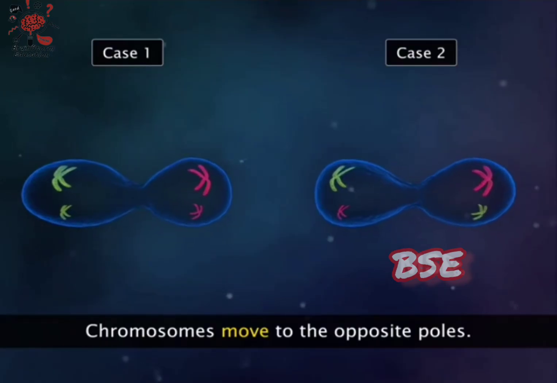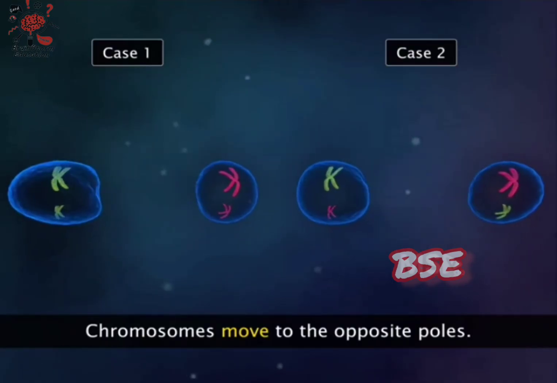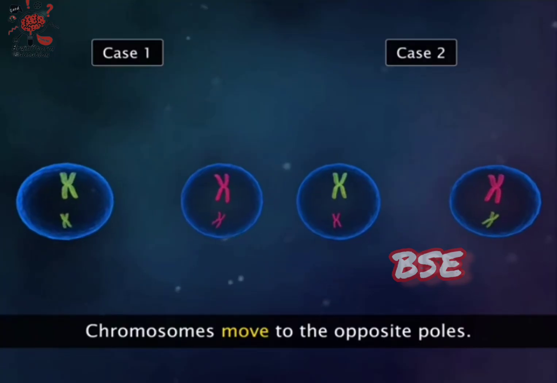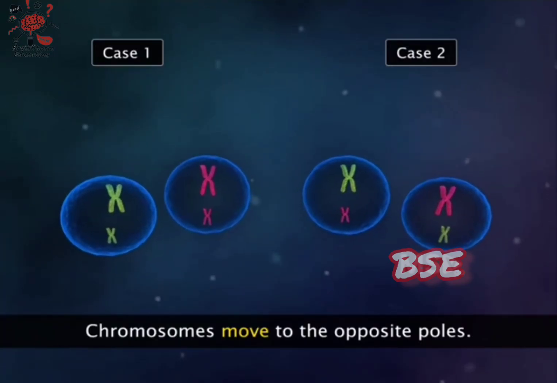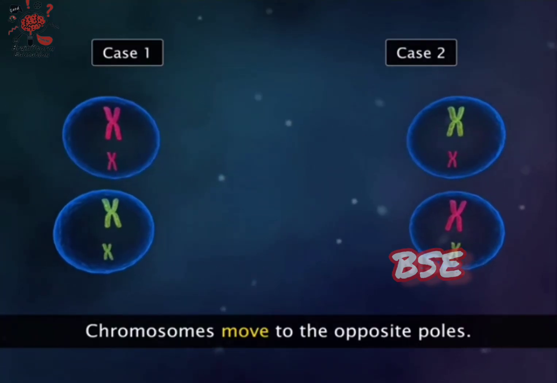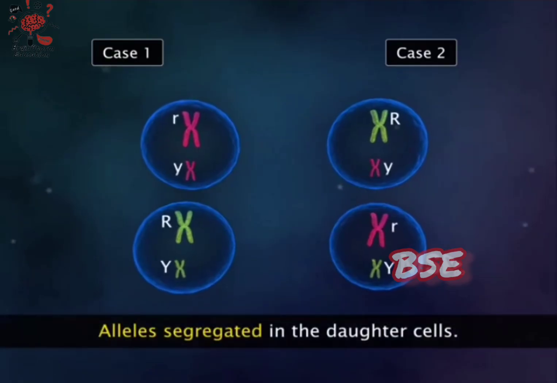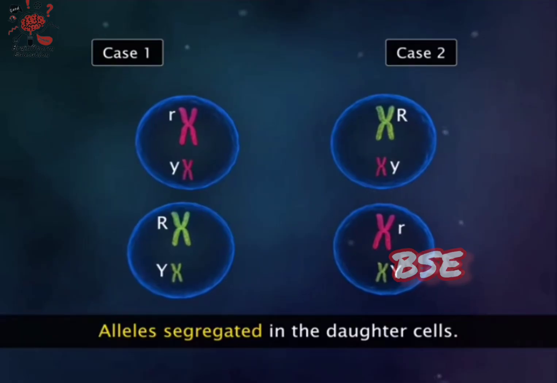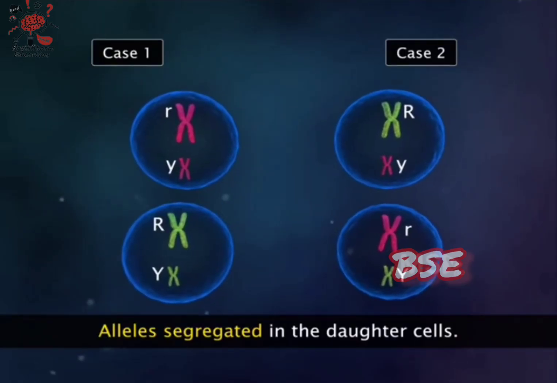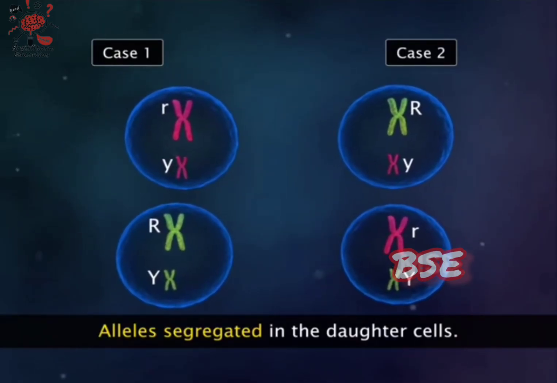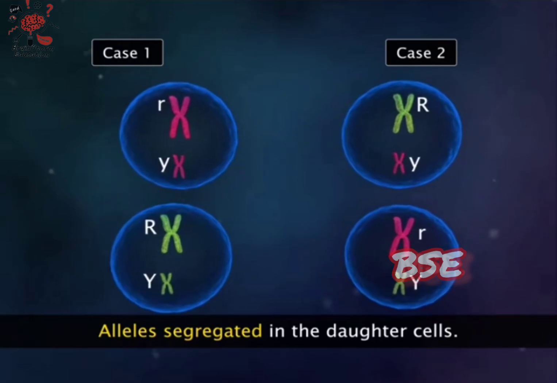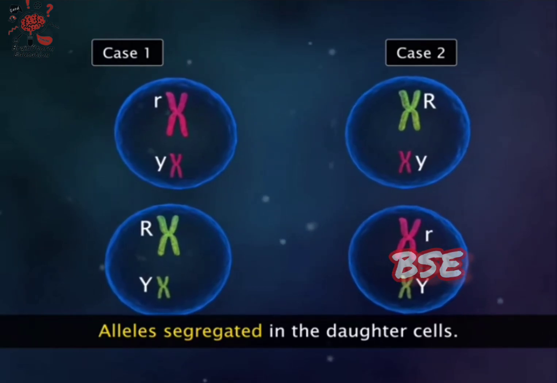Notice that in the first case, capital R and capital Y alleles are in the same daughter cell. In the second case, the two dominant alleles are in different daughter cells. Notice that the alleles for seed shape have segregated independently of alleles for seed color. This is the basis for Mendel's law of independent assortment.